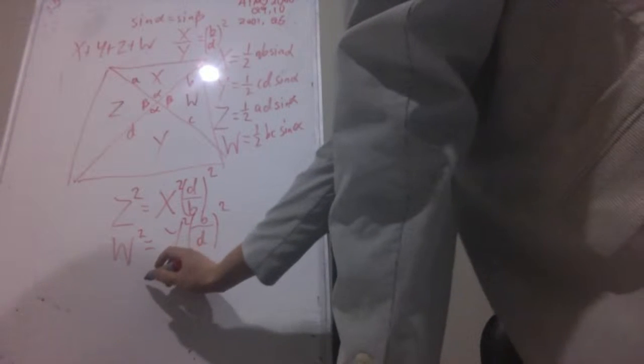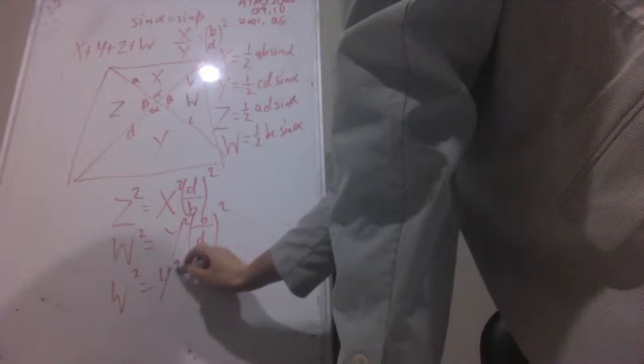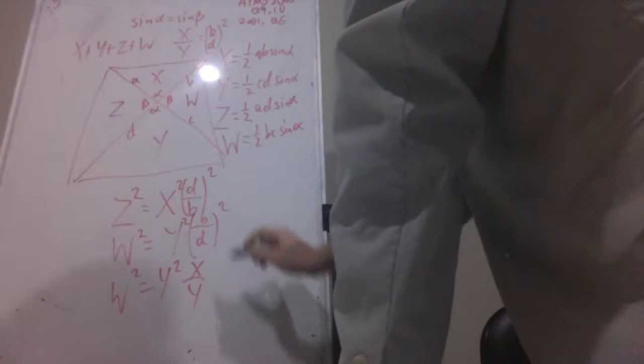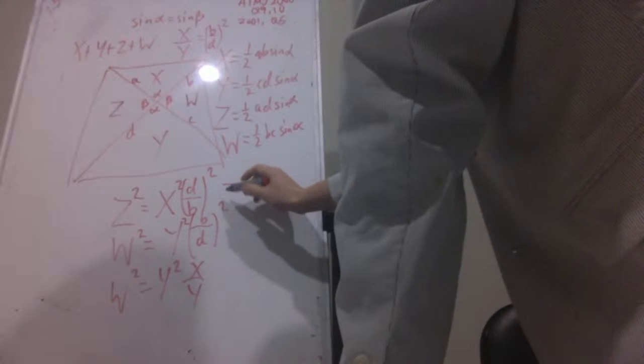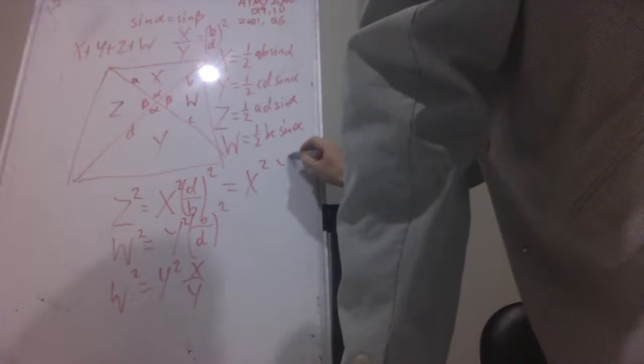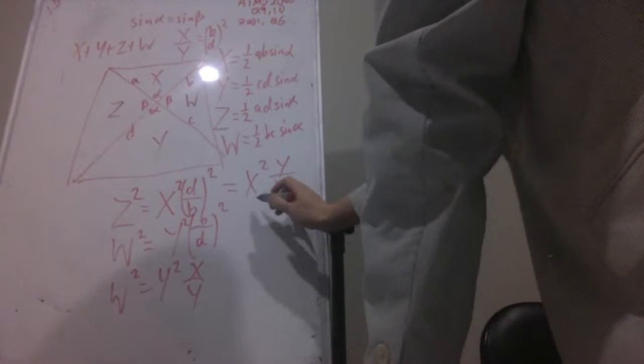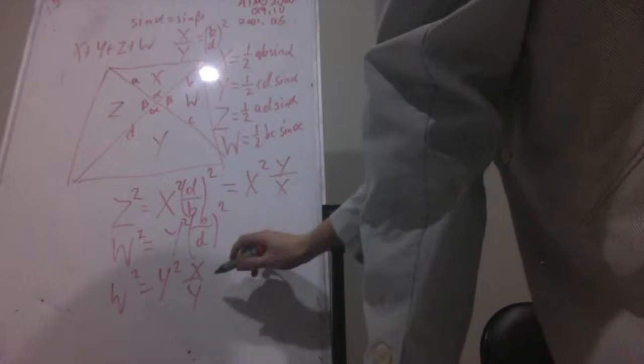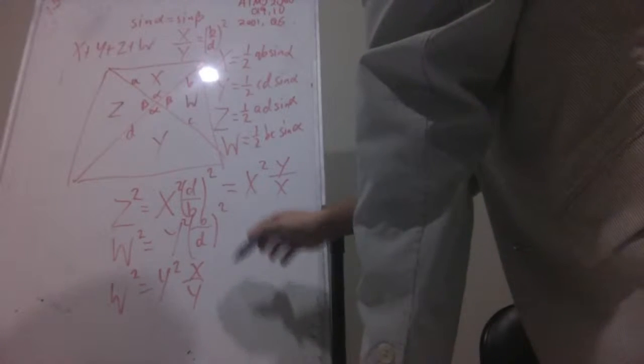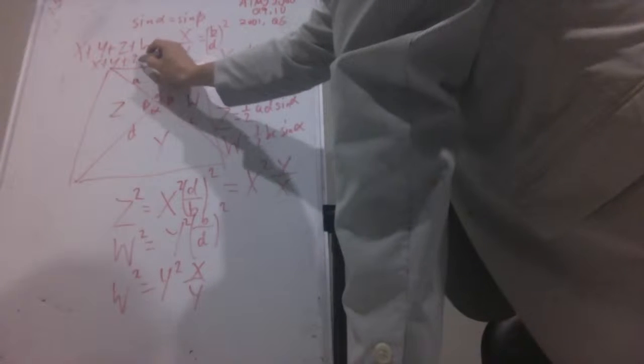So w squared equals y squared times x over y, and z squared is x squared times y over x. That makes sense? So they're both equal to xy, so they're root xy. So then it's x plus y plus 2 root xy.